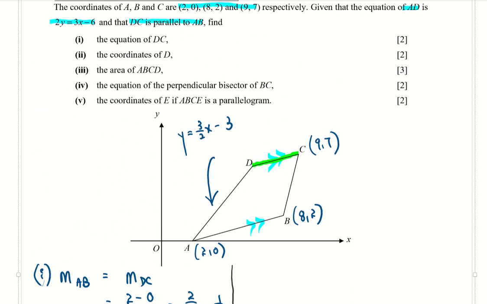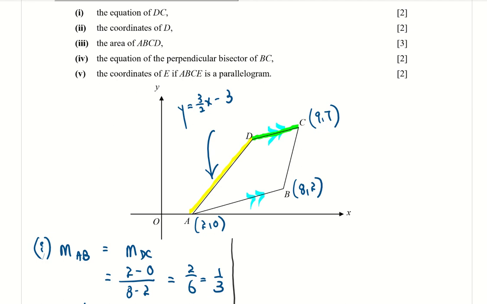Next, our job is to find the coordinates of D. Notice, for us to find the coordinates of D, we have the equation of AD in yellow, which is given, as well as the line DC in green, which we found in part 1. D is the intersection of these two. So I can solve a simultaneous equation.